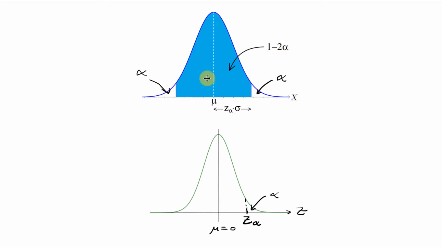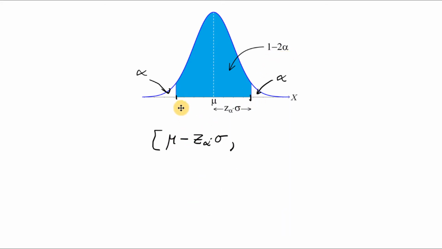So the probability of having an x between this value and that is 1 minus 2 alpha. And this interval is this starting point to this endpoint here. So the probability of getting an x in this interval is 1 minus 2 alpha.